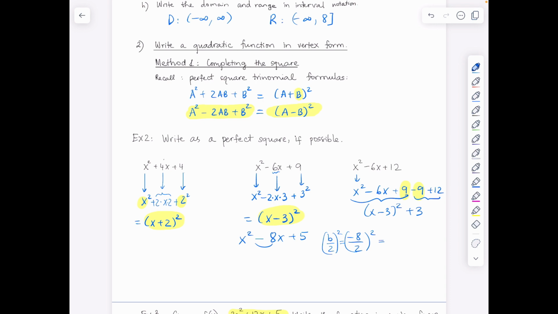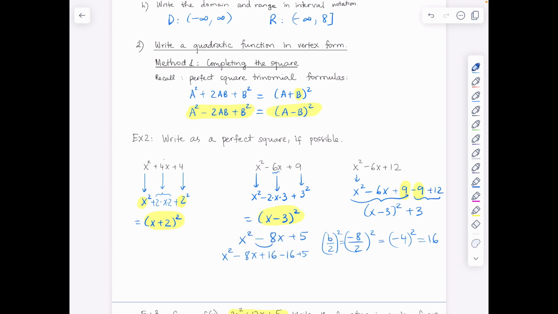Now that will give us negative 8 over 2, which is negative 4, and then squared, which gives you 16. So this will become x squared minus 8x plus 16, and then we got to subtract 16 at the end. We'll bring 5 down.